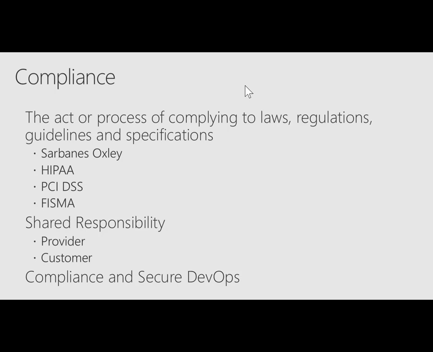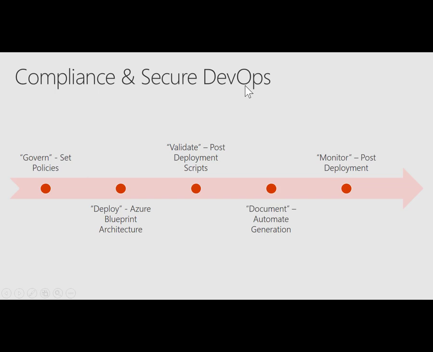And this idea of compliance is enabled through this life cycle of secure DevOps that we're going to talk about next. So this slide essentially talks about the different stages of secure DevOps. It starts with the first stop, which is about setting policies.